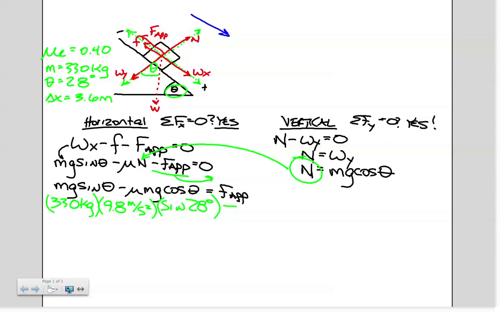Now I'm going to have to subtract all of that from mu, which is my coefficient of friction, 0.40, times m, 330 kilograms, times g, which is 9.8 meters per second squared, times the cosine of 28 degrees. All of that's going to be equal to my applied force.